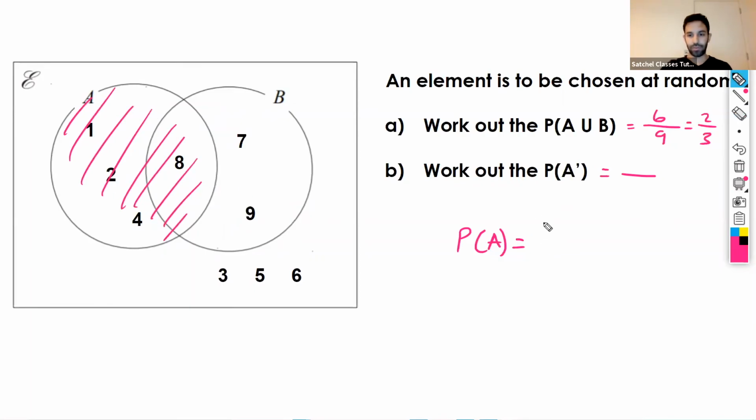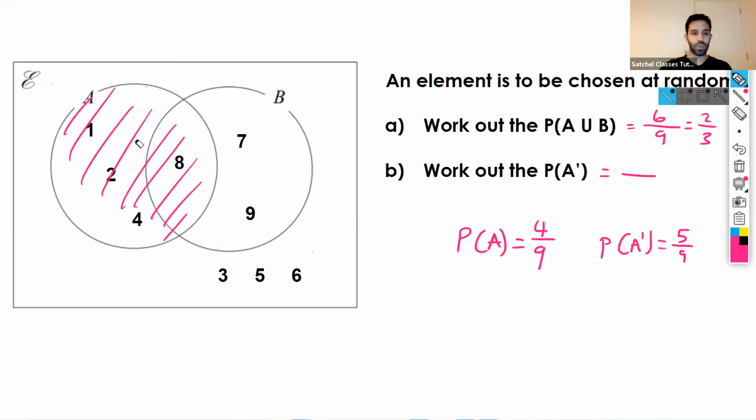So that's 4 out of 9. So the probability of not A has to be 5 out of 9, because the probability of all outcomes, the outcome of A and the outcome of not A, has to add up to 1, and 4/9 plus 5/9 is equal to 1. So the probabilities match up nicely.